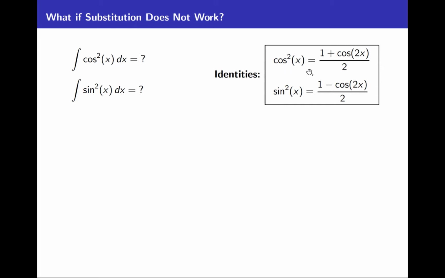Cosine squared x equals 1 plus cosine 2x over 2. And sine squared x equals 1 minus cosine 2x over 2. These two identities are really useful because they convert squared trig functions, sine and cosine, to expressions where nothing is squared. And when you're doing integrals, sometimes squares can mess you up.